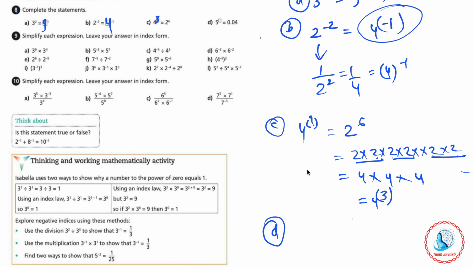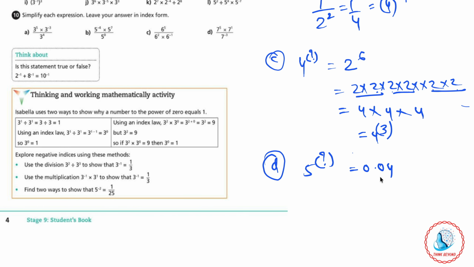Question number D says 5 raised to power how much is equals to 0.04, right? So 0.04 is how much? 4 over 100, right? When you simplify it, 4 times 1 is 4, 4 times 25 is 100, so 1 over 25.